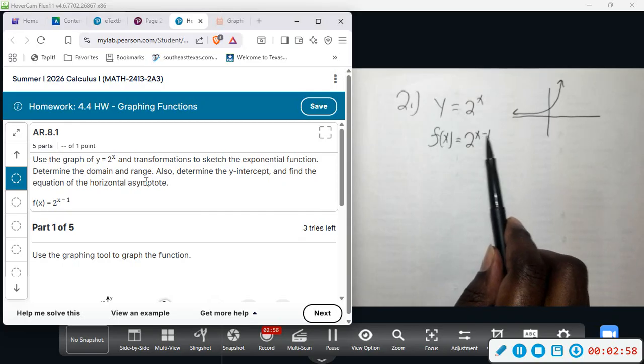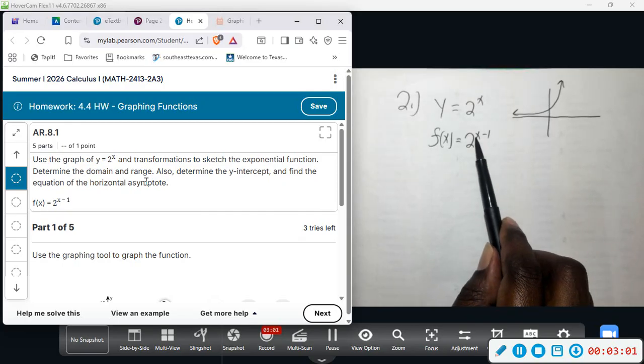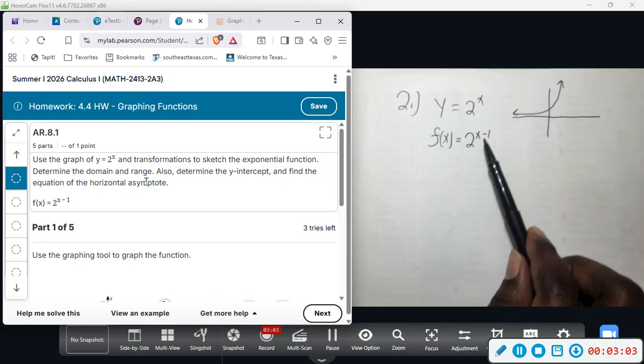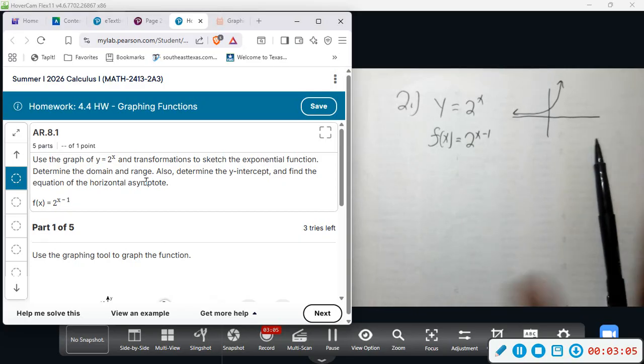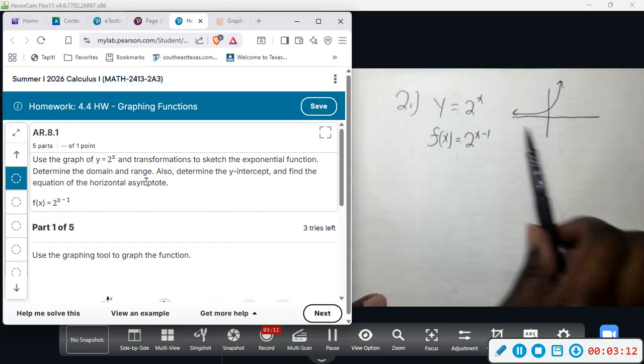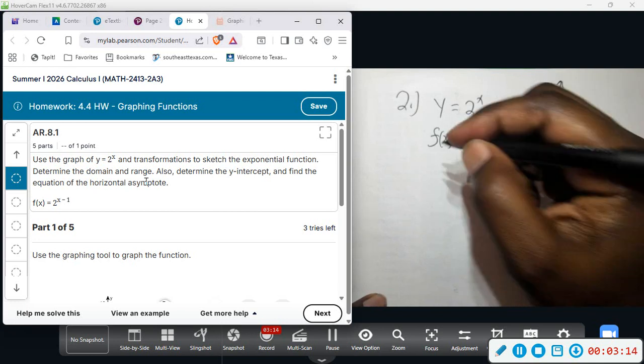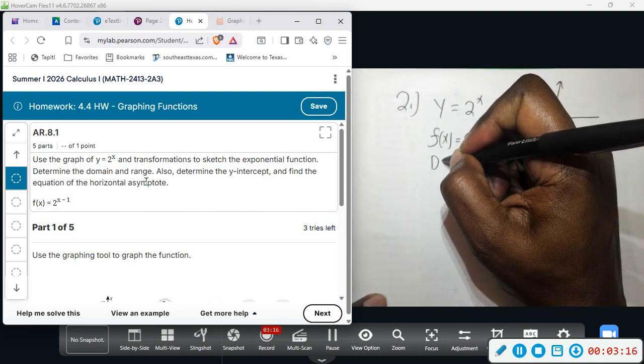This minus 1 with the x is going to shift the graph to the right 1 unit. So we're going to have a horizontal shift. Other than that, there's no other transformations to the graph. The domain is still the same. So the domain is going to be all real numbers.